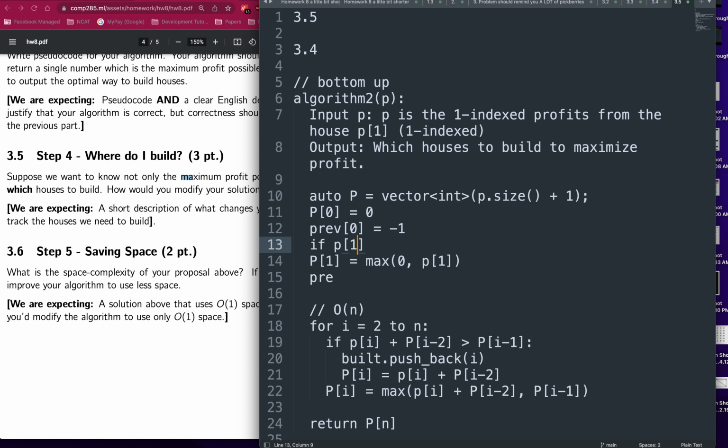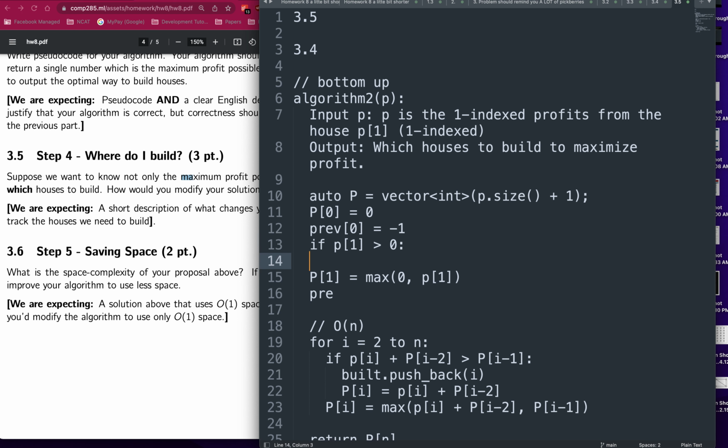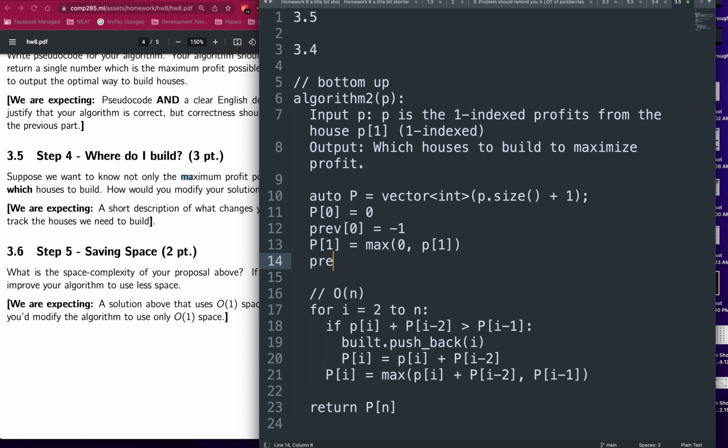If P1 is bigger than 0, then the pref of 1 is also -1, because the last house you built was unknown.